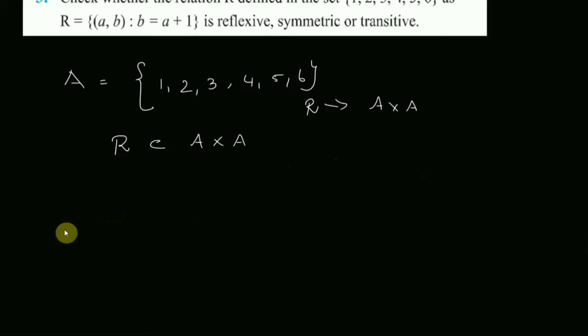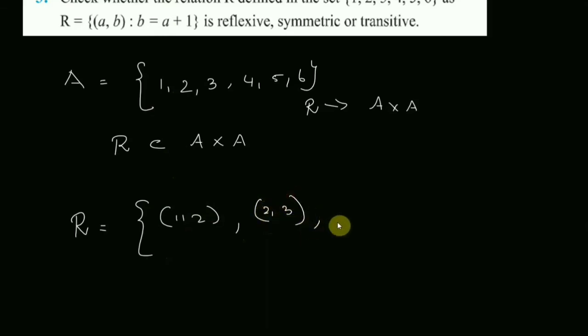Now what is R? We have to write R as what is given. If you take a as 1, substitute a as 1 here, b is 2. So (1, 2). Put a as 2, b is 3, so (2, 3).